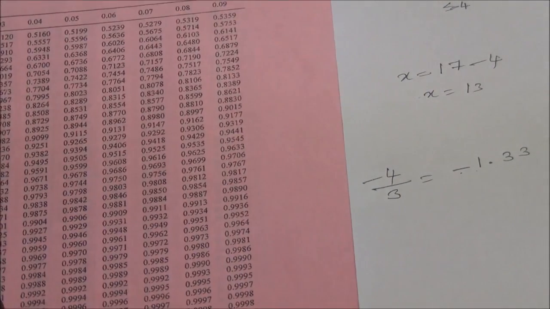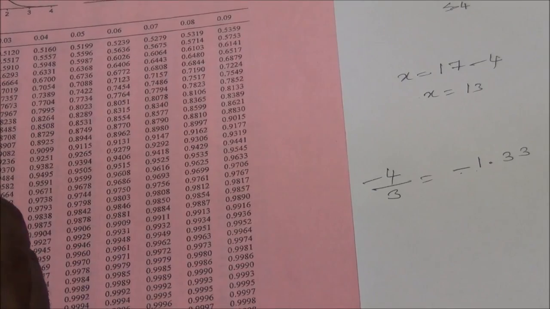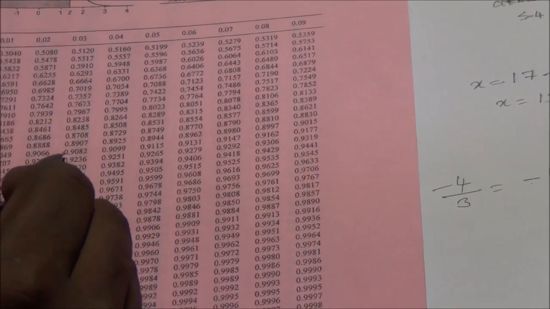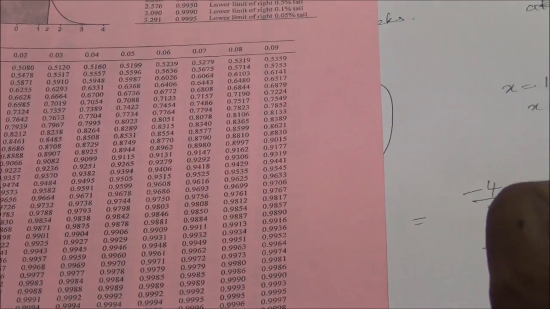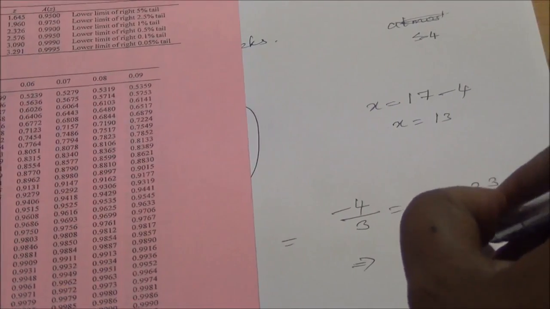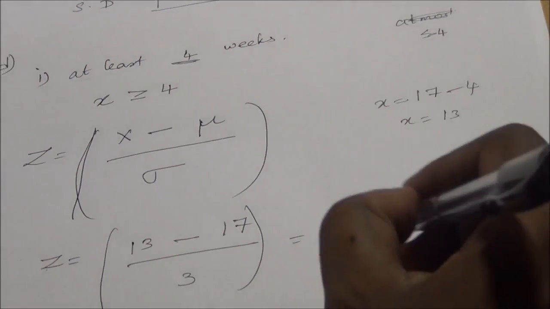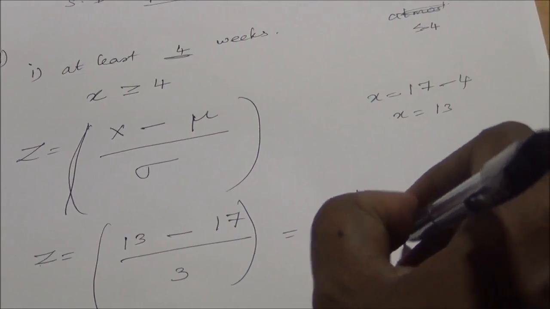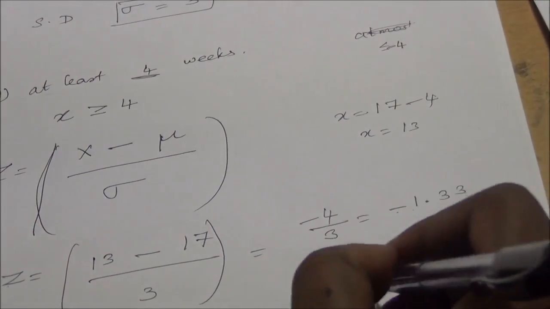So you look at 1.3 here, then mark and get 1.33. The value for 1.33 is 0.9082. Since the value is negative, we have to subtract this from 1.